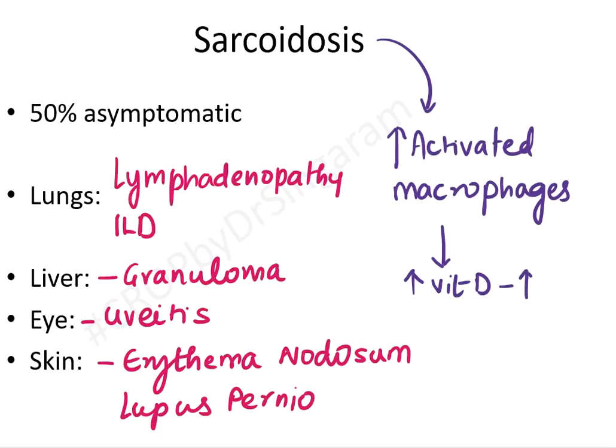So that is why there are increased levels of calcium, and they are also associated with increased production of ACE. It's one of the very important findings which you get in case of sarcoidosis. Because sarcoidosis is a very important topic, I just want to give some more info on this for your upcoming exams. Let's move on to the next question.